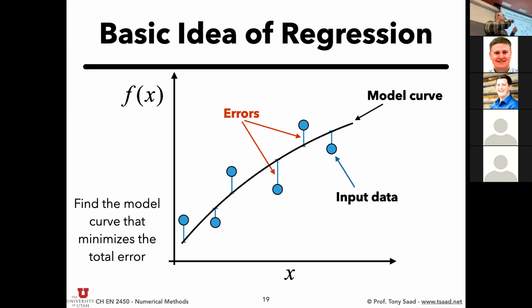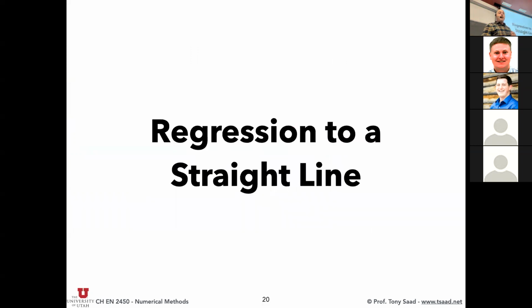The rest is all the nasty little logistics of doing the math to find that curve, okay? We will start with solving this problem by regressing to a straight line, because everything else is going to be the same. The ideas are going to be the same. The derivations are going to be identical. They just get more algebraically complex, okay?